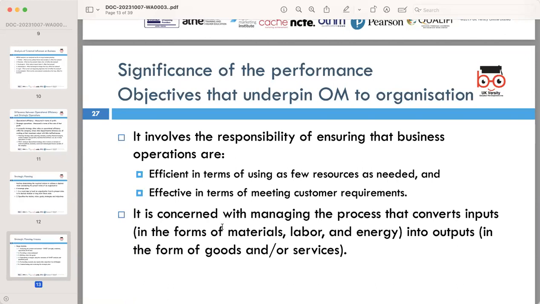So it is concerned with managing the process that converts input in the form of material, labor, and energy into output in the form of goods and or services.